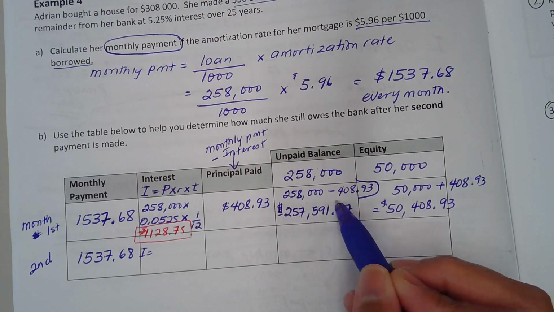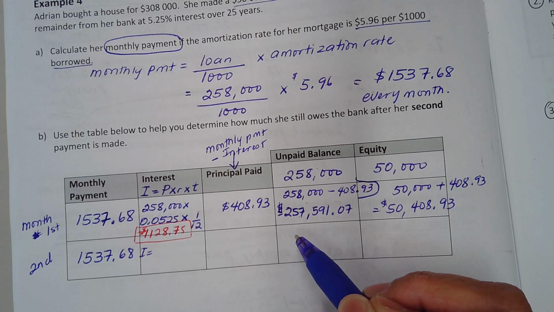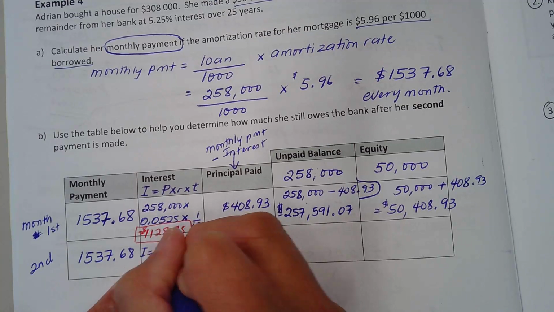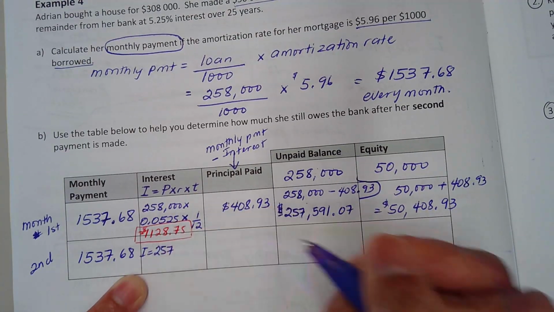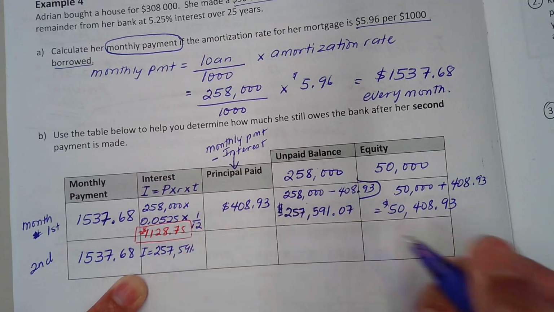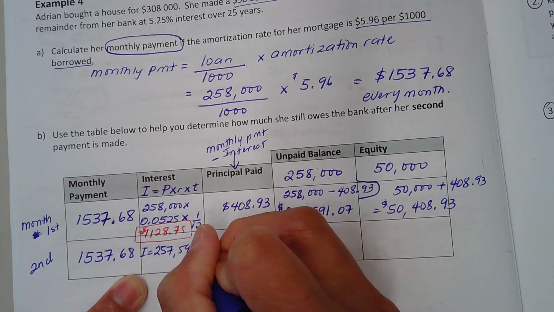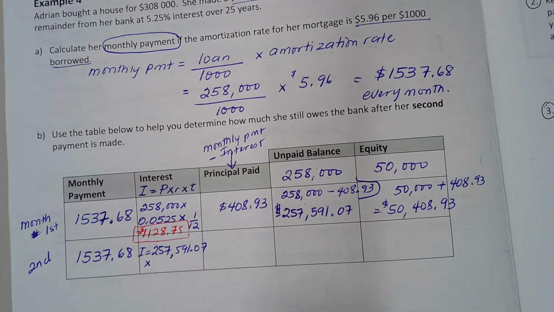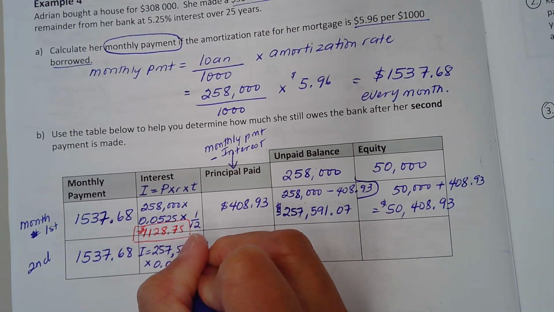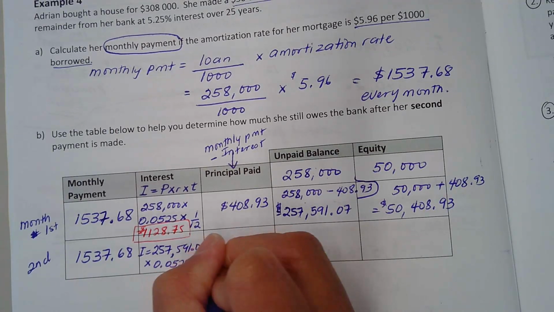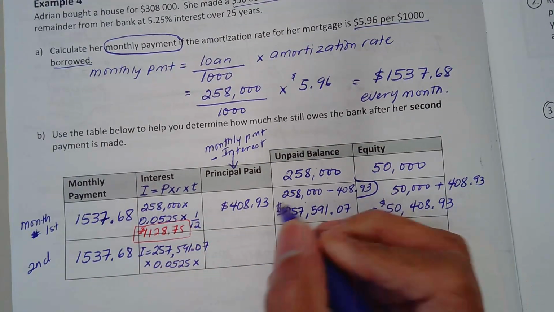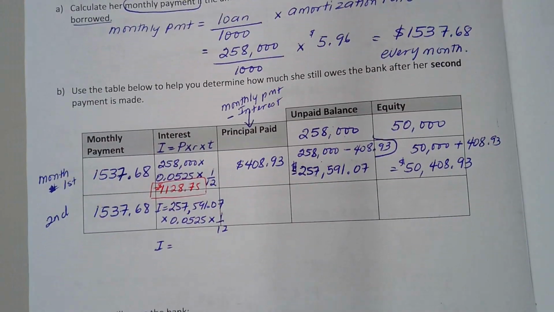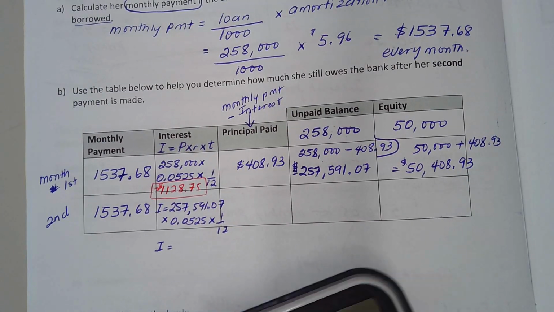Our principal now is $257,591.07 times the interest rate, 0.0525, times the time, which is 1 month, so 1/12. So how much is our interest there? Let's go ahead and calculate that piece.